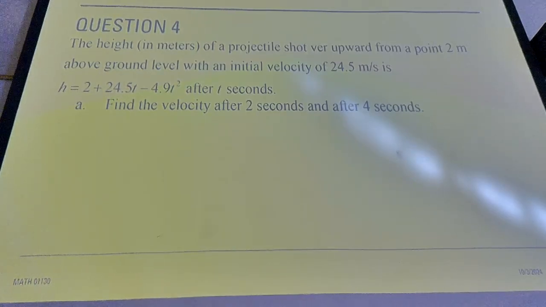It's dot notation. So what is the derivative of height with respect to time? dh/dt, which is what? Negative 9.8t plus 24.5.